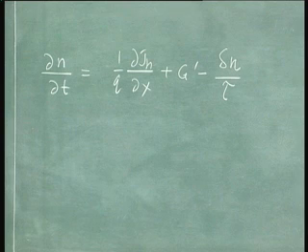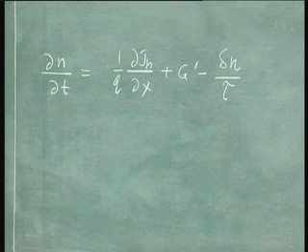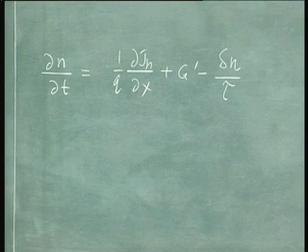Now we can combine this continuity equation with the other equations we derived in the earlier class, the transport equations, and then the basic equations would look something like this.